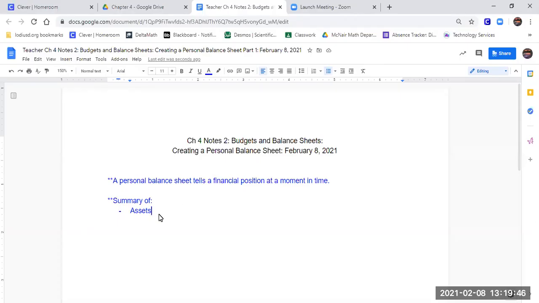What are assets again? What things would we count as assets? Things you own, yeah. What would be an example of something we can own?